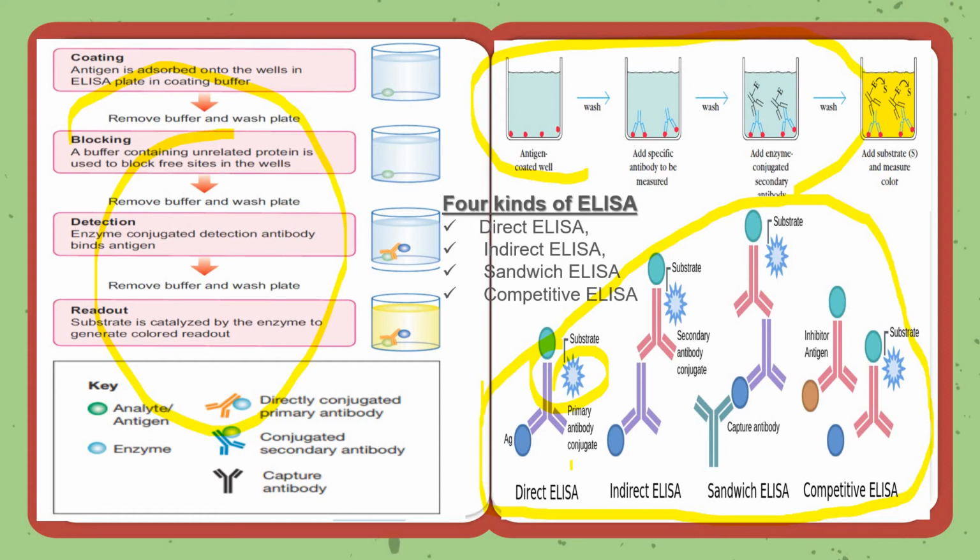In the third one, sandwich ELISA, we have a capture antibody and there is a substrate later. In competitive ELISA, we have an inhibitor antigen also, so it has to compete with that later. We identify the particular one. So these are the four kinds of ELISA.